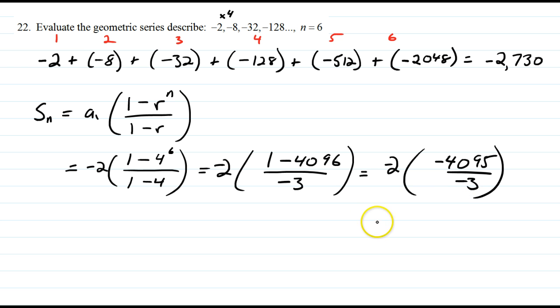And this reduces to -2 times 1365. And if you multiply that by -2, you get -2730.